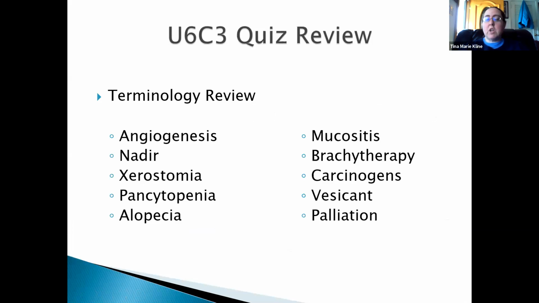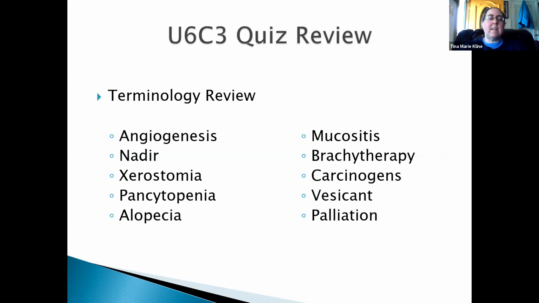So angiogenesis is the ability of cancer cells to actually stimulate the growth of their own blood vessels and their own blood supply. It's really fascinating when you think about it. It's also one of the reasons why patients who have cancer tend to lose weight. They're not trying to lose weight.